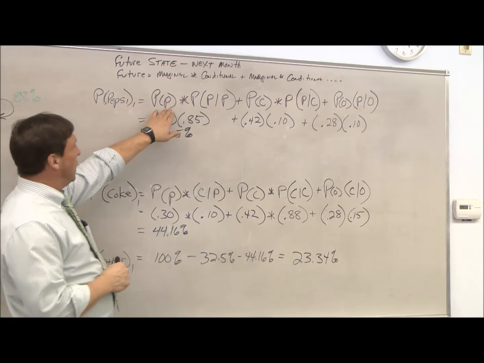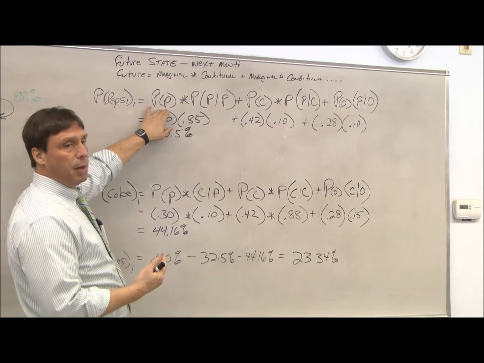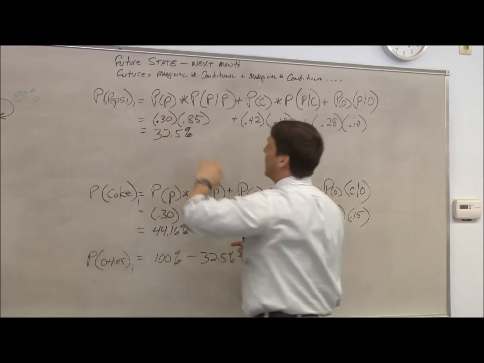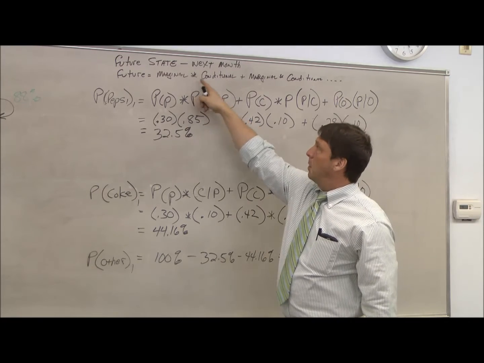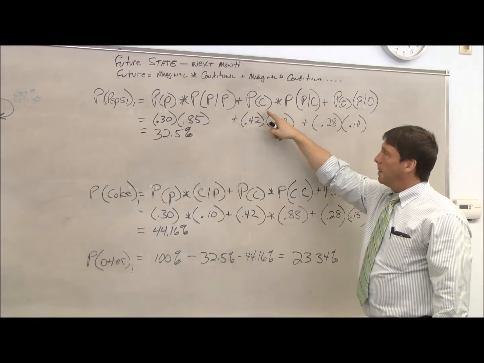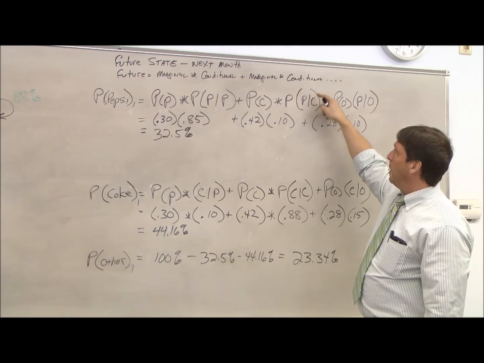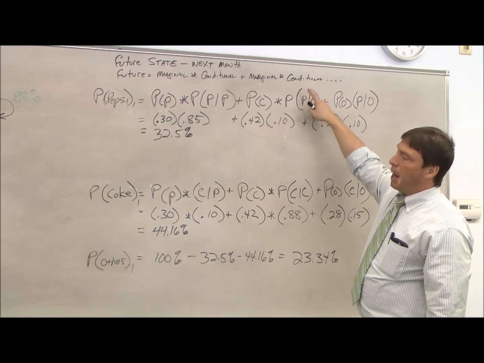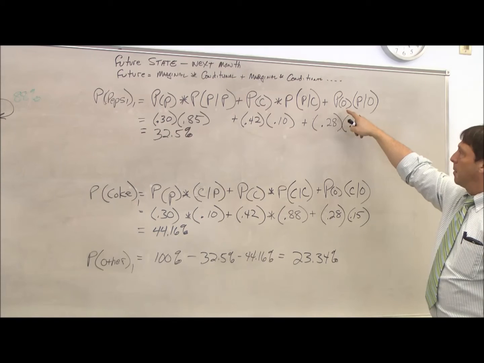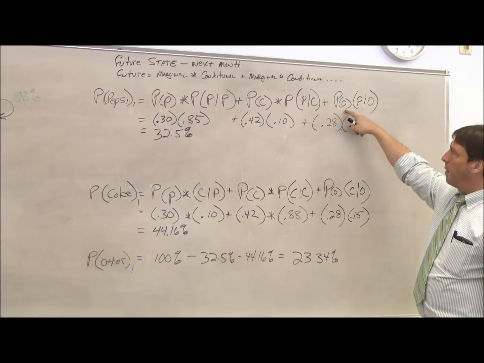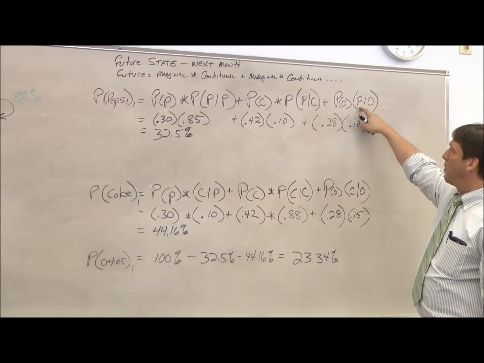All right, so we have our marginal, Pepsi to Pepsi, or how much market share does Pepsi currently have, times Pepsi's retention rate, so the marginal times the conditional, plus the market share of Coke times the probability from Coke to Pepsi. How many people are going to defect from Coke to Pepsi? Plus the market share of other times how many people are going to leave other and go to Pepsi.